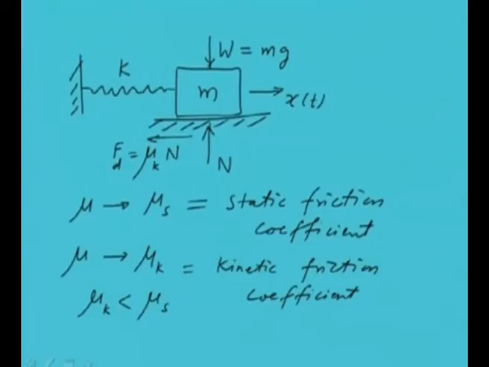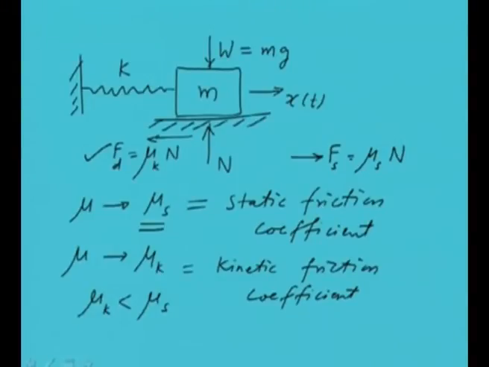When we give some disturbance to this mass, if the force we give is sufficient to overcome the static friction force, that is mu s times the weight of the body or the reaction force at the bottom, then the motion starts. If the disturbance we give is more than this, the motion of the mass starts, and once it starts, it is governed by the friction force in which the coefficient of friction is kinetic.